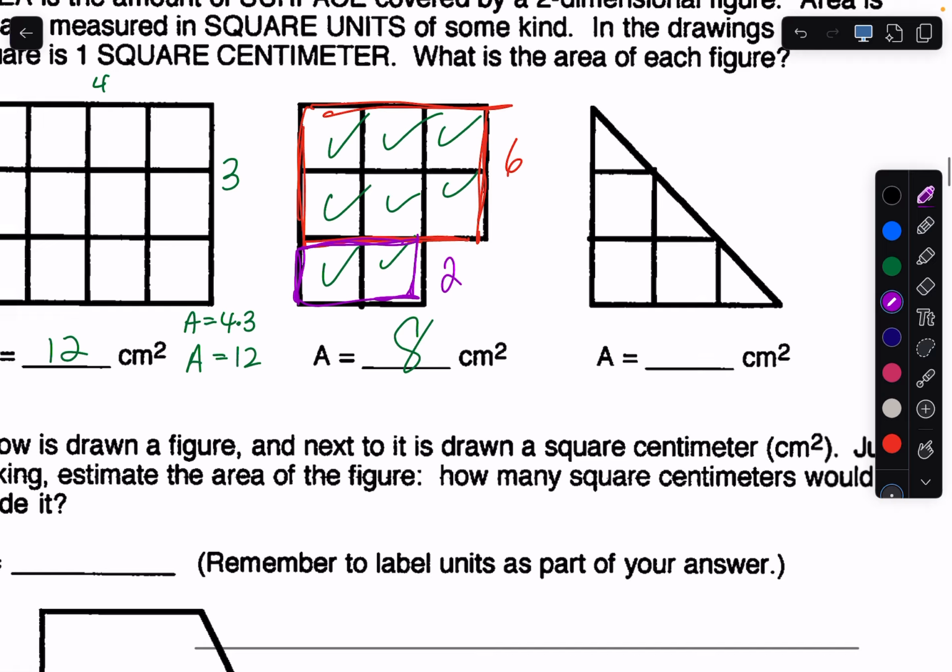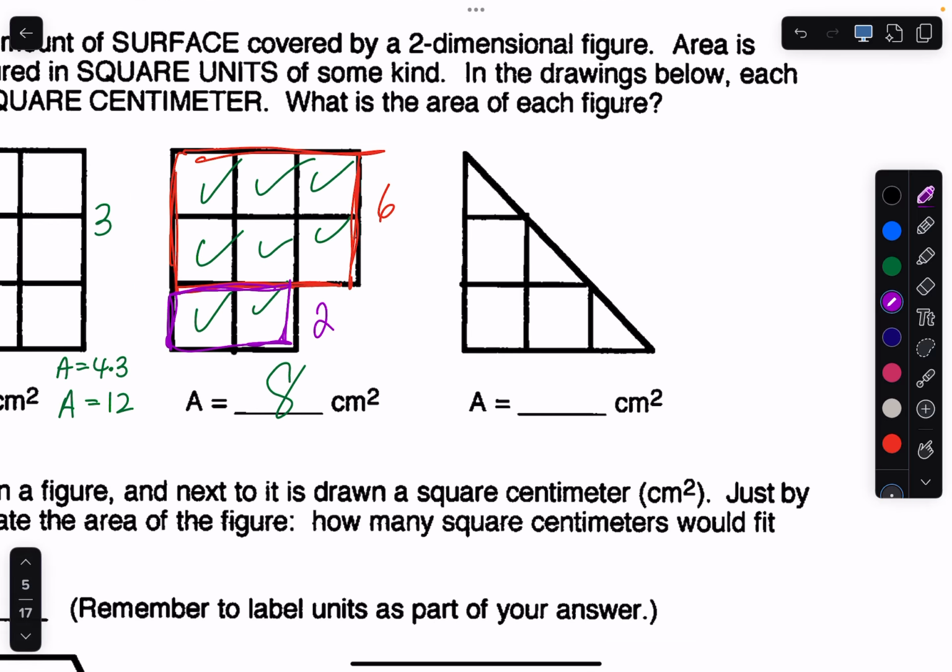Now, the last one is just a little funky, but it's not horrible. We're going to assume, for the sake that we can measure it, that this is going perfectly down. Think about if that was a perfect square there. How much of the square do we have in those? A half of it.